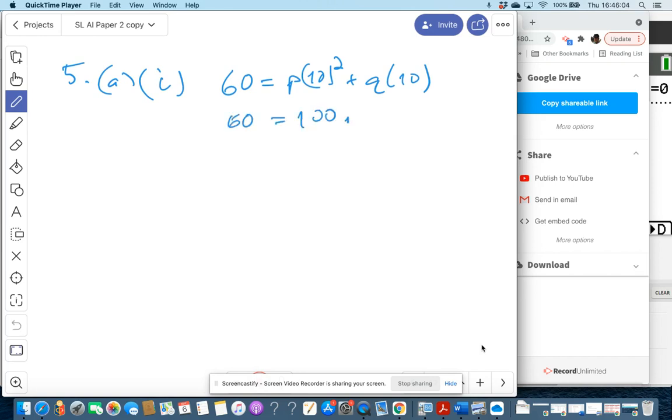That's 100p and 10q. Simplify it, divide everything by 10. So now I'm going to get a simpler equation here that looks like this. Okay, so there is my other equation.